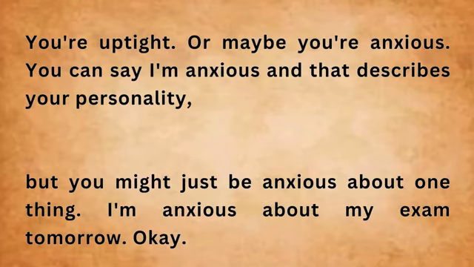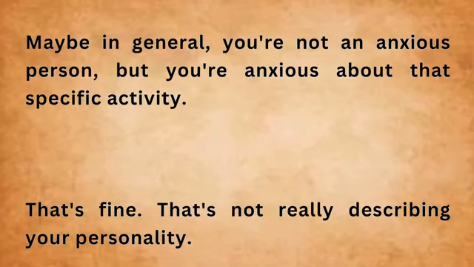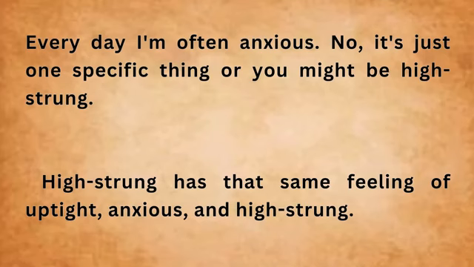Or maybe you're anxious. You can say, I'm anxious, and that describes your personality, but you might just be anxious about one thing. I'm anxious about my exam tomorrow. Okay. Maybe in general, you're not an anxious person, but you're anxious about that specific activity. That's fine. That's not really describing your personality. Every day I'm often anxious.